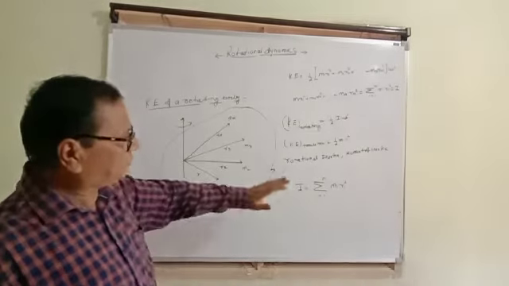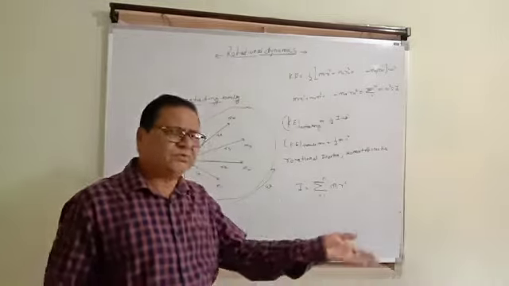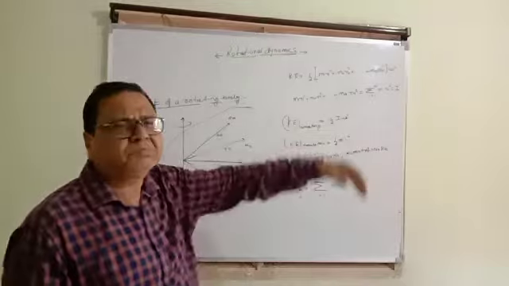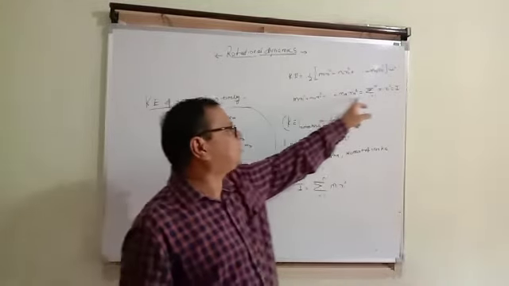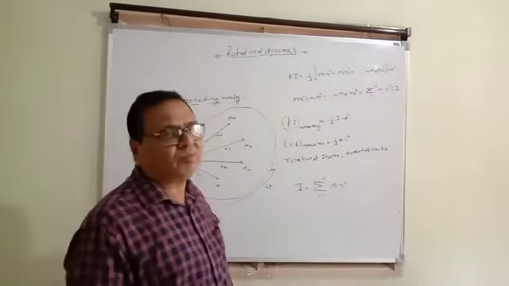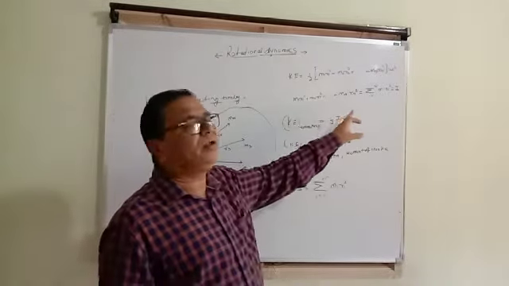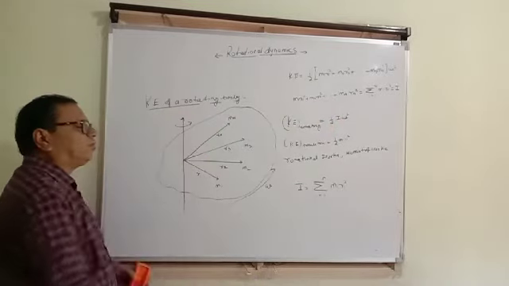So moment of inertia, in the last syllabus we used to define like this: moment of inertia of a rigid body is defined as the sum of the product of the mass of each particle and the square of the perpendicular distance between the axis of rotation and each particle.